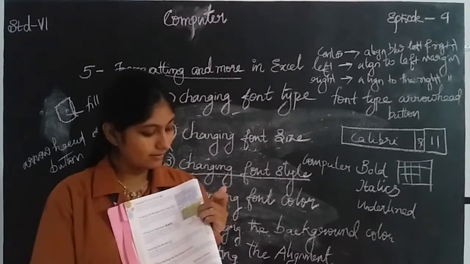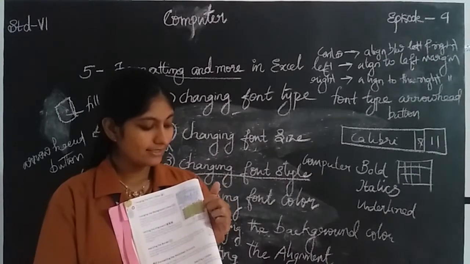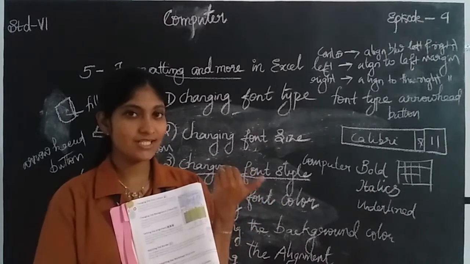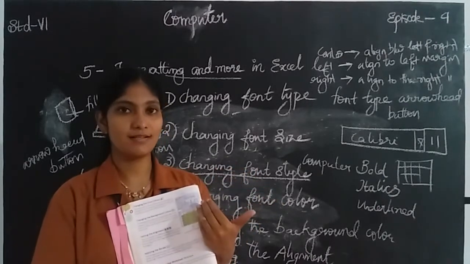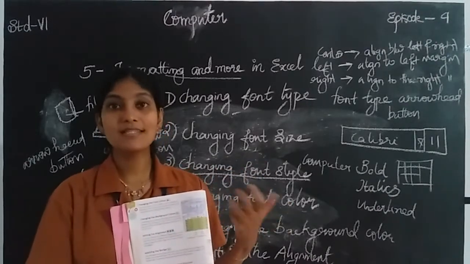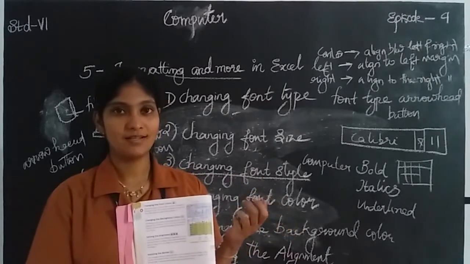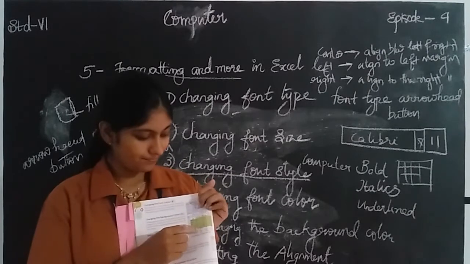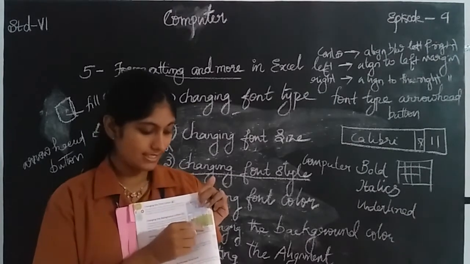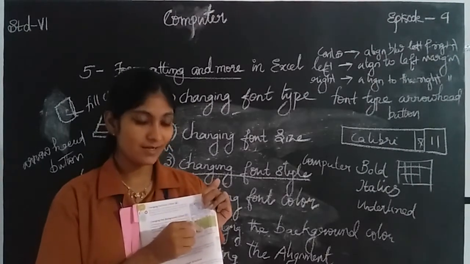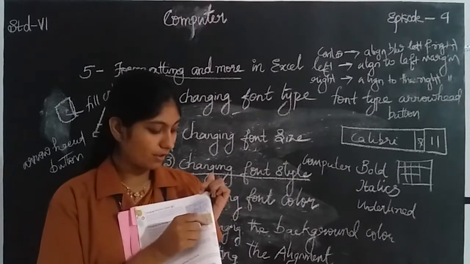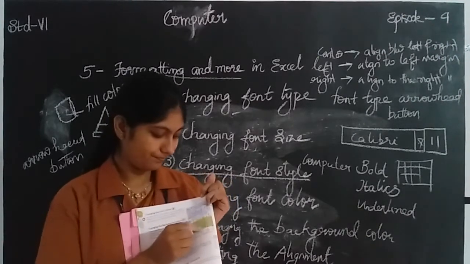And third one, we can see that the data which is present at the right side of the margin, aligned to the right of the margin, represents right alignment. So this is the example of left alignment, this is the example of center alignment, and this is the example of right alignment.